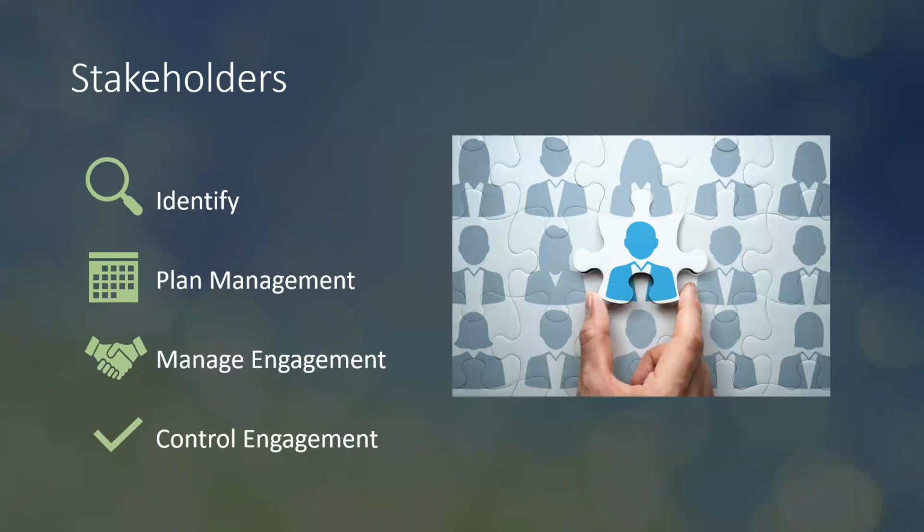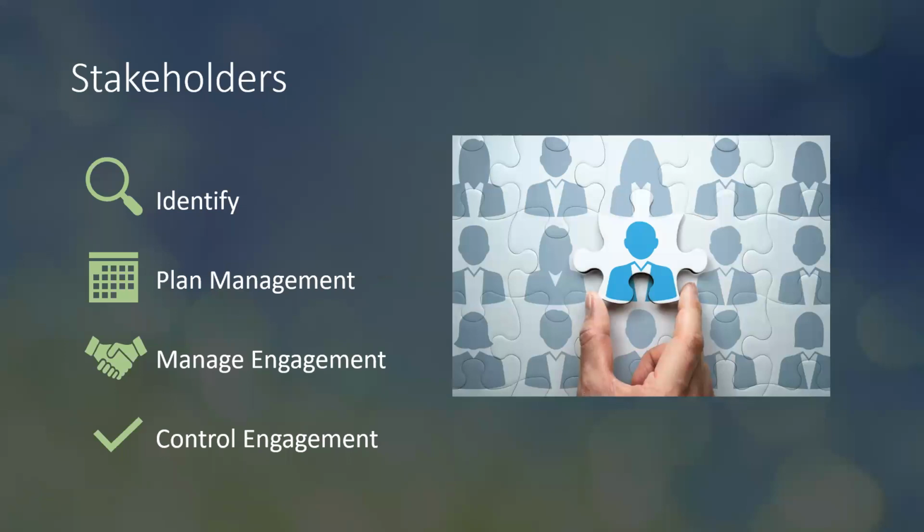You have to be able to identify and categorize those entities that will be affected by the project, whether they're internal or external to the organization. Understanding and knowing the groups, people, or organizations that could potentially be impacted by a decision, a task, or an outcome of the project.